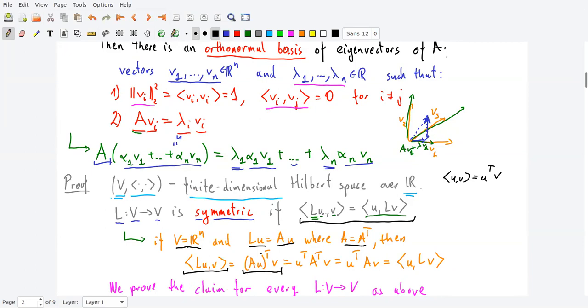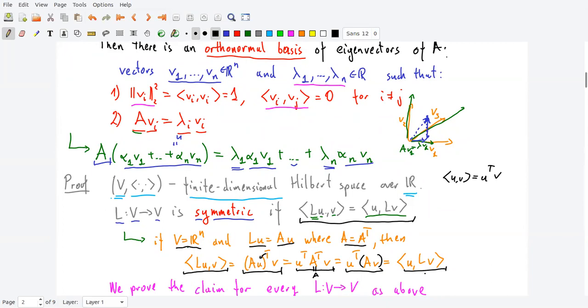So (Au) transpose v. Now I can move the transposition under the bracket, so I can write it like this: u transpose A transpose v. But A transpose is the same as A because A is symmetric. So now I can put the brackets here and see that Av is the same as my operator L applied to v. So I moved the operator L from one side of the scalar product to the other side.